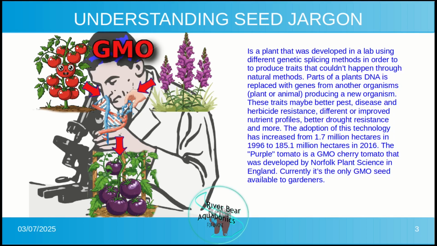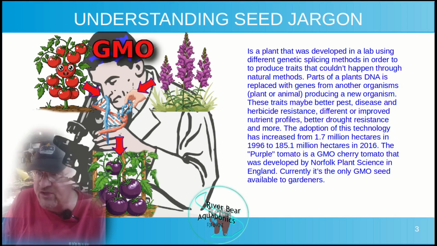That organism could be a plant or an animal, and produces a new organism. These traits may be for better pest, disease, and herbicide resistance, different nutrient profiles, or better resistance to drought.